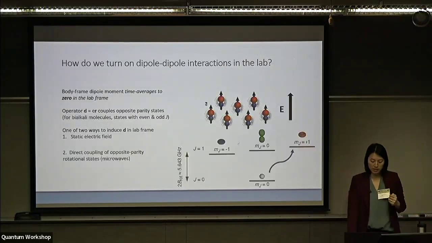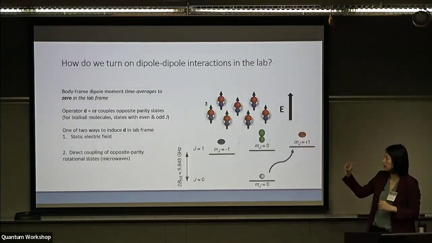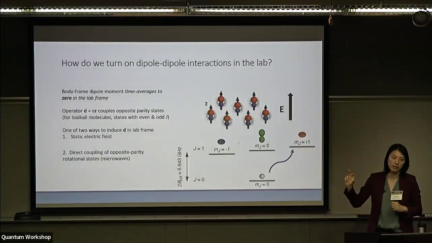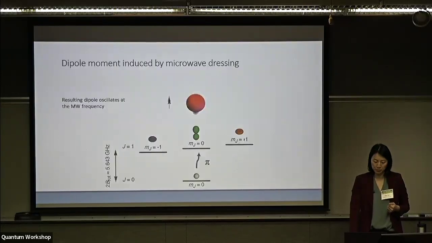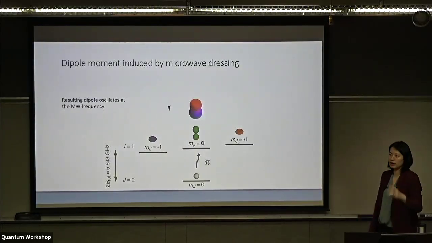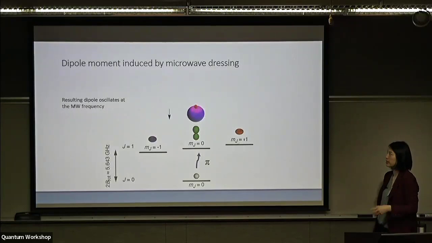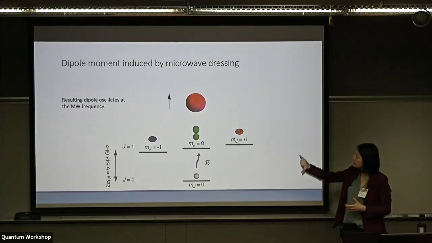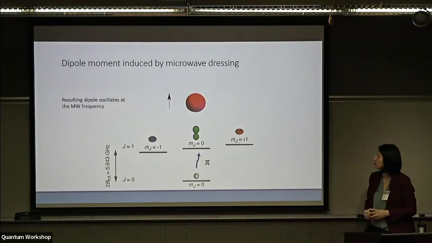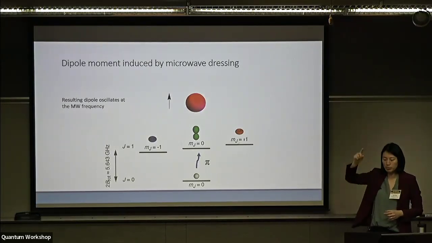But maybe a more sophisticated way to do this is to directly couple an opposite parity state of the molecule, so something with odd and even angular momentum. And we can do this with very handy microwave fields at order 5 gigahertz. So a picture of the molecule wave function that we can actually control is if we send in a pi-polarized microwave coupled to two specific states, we'll oscillate this dipole.